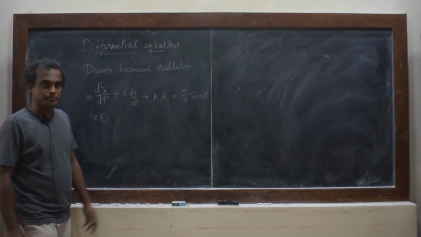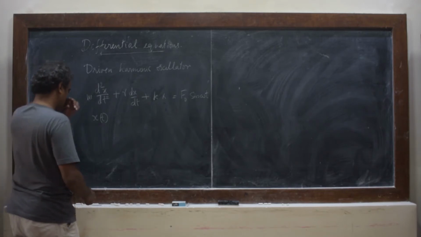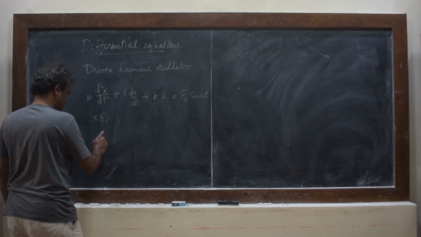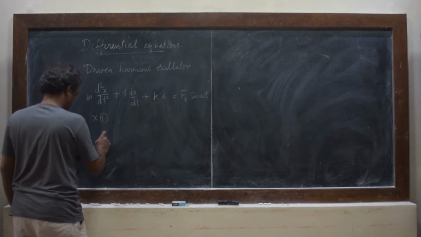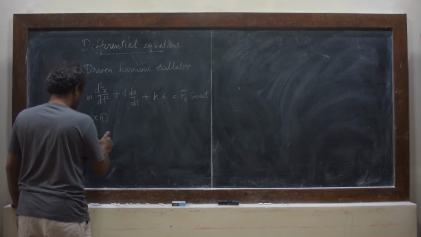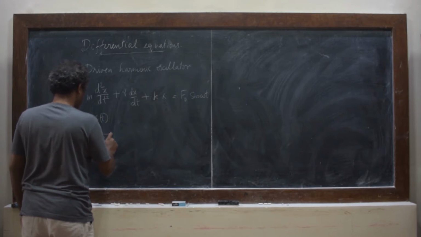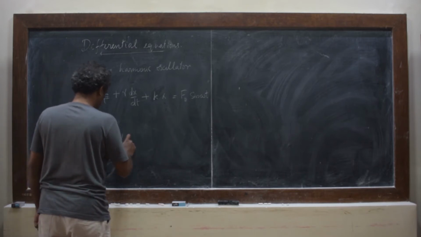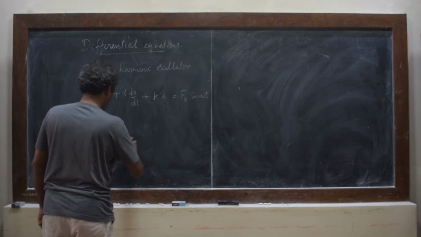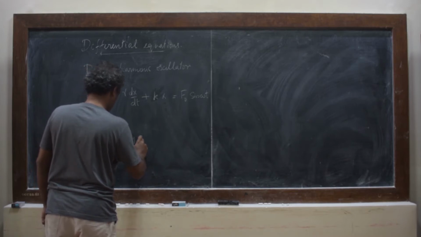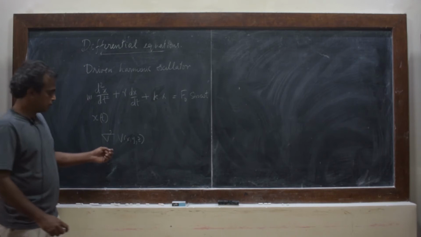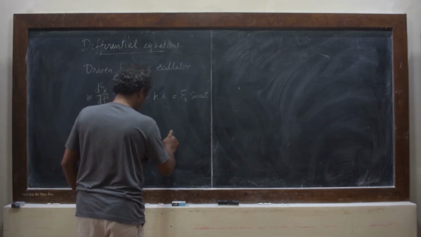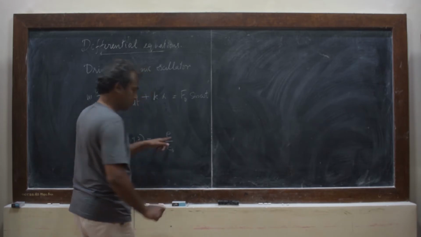To write down another example of a differential equation in physics, we could take the Laplace equation, or the Poisson's equation, which gives us the potential due to a certain charge distribution with density rho.